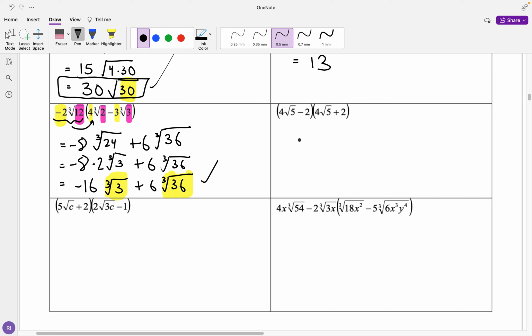Okay, let's look at one more here. I won't highlight, just for the sake of time. We get 16 and shortcut a little bit, multiplying the root 5s. Now we get 8 root 5 and -8 root 5. -4. 80.